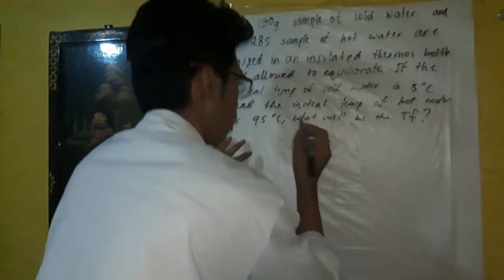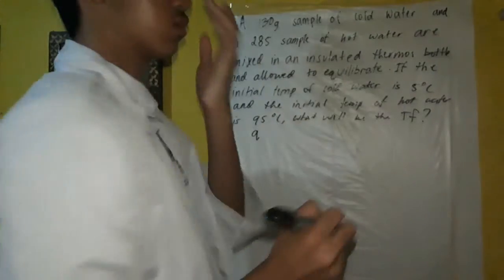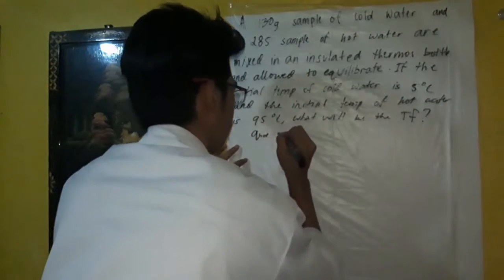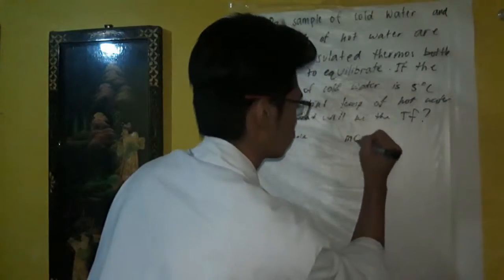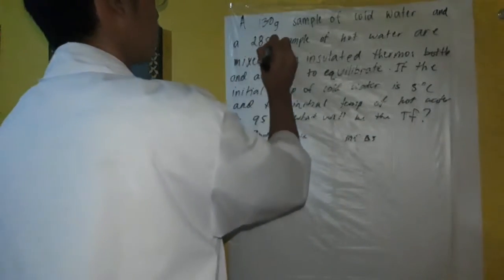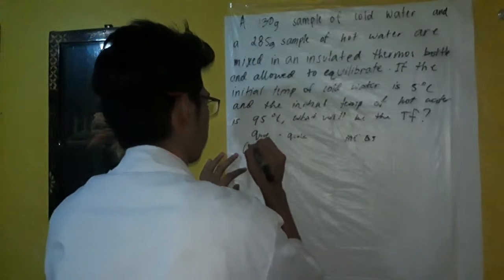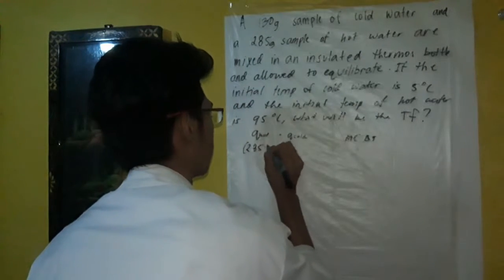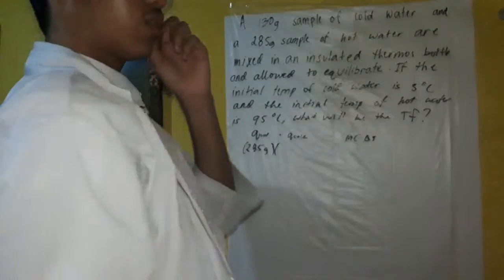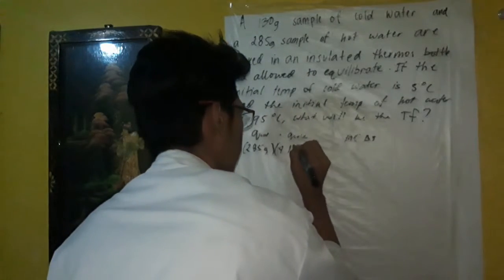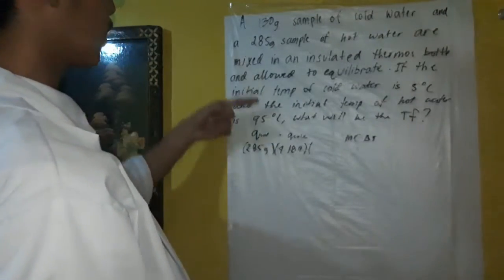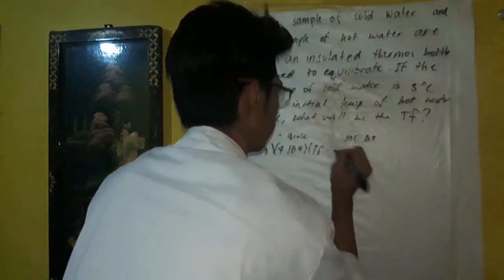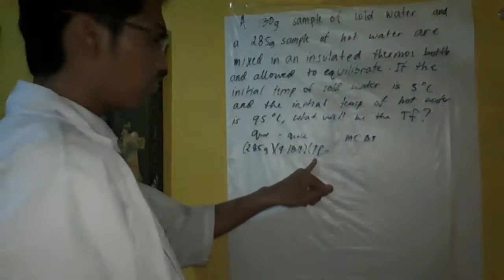In solving this, we should know that Q of hot is equal to Q of cold, and the formula for this is mcΔT. For the Q of hot, we have the mass of 285 grams, the specific heat of 4.184, and the temperature change, which is TF minus the initial temperature of the hot water, 95 degrees Celsius, because we are finding the final temperature.